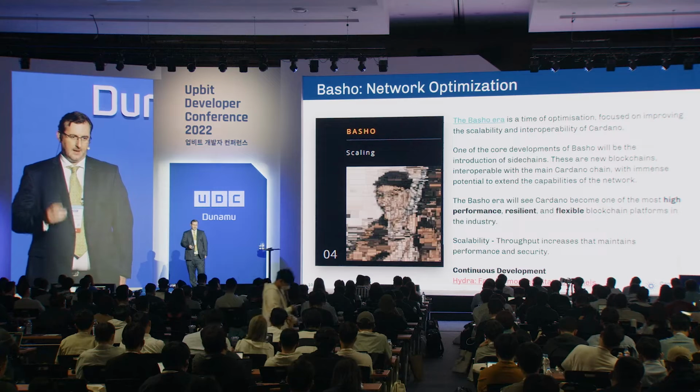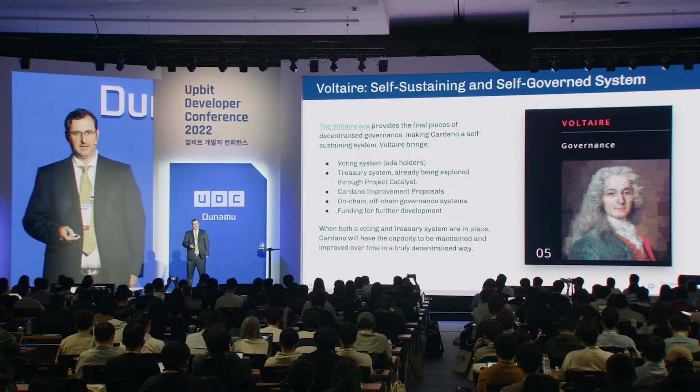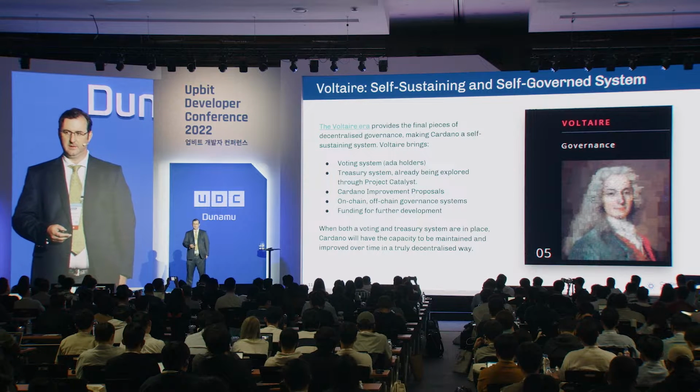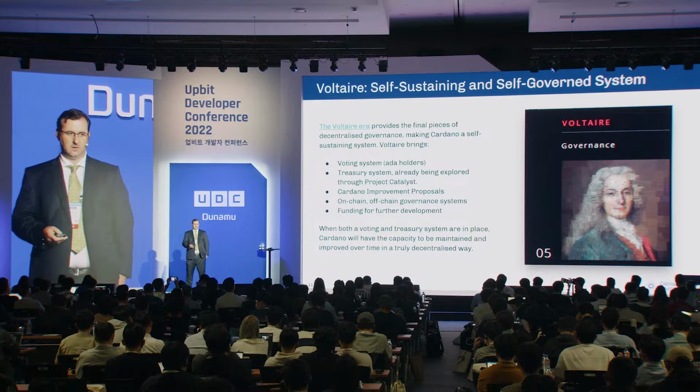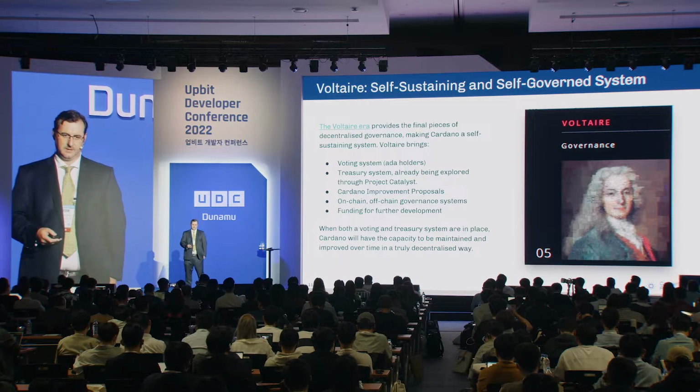It also includes a layer two, isomorphic state channels called Hydra, which allows you to have the same functionality on a layer 2 as you have on layer 1. And then we have Voltaire, which is the governance era, which is the remaining era. And this is to do with how we govern Cardano, how we decide on the updates of the future, okay?